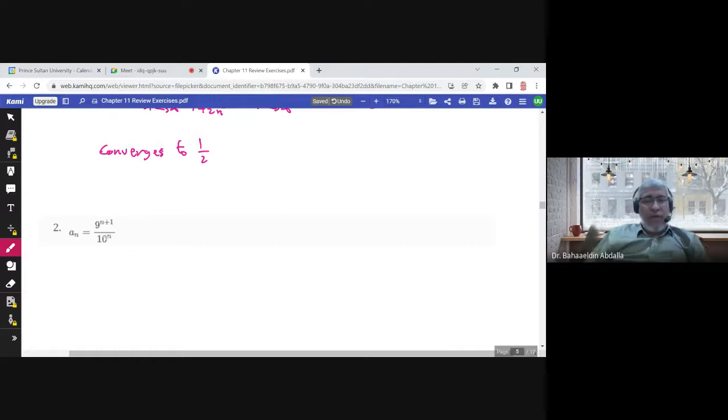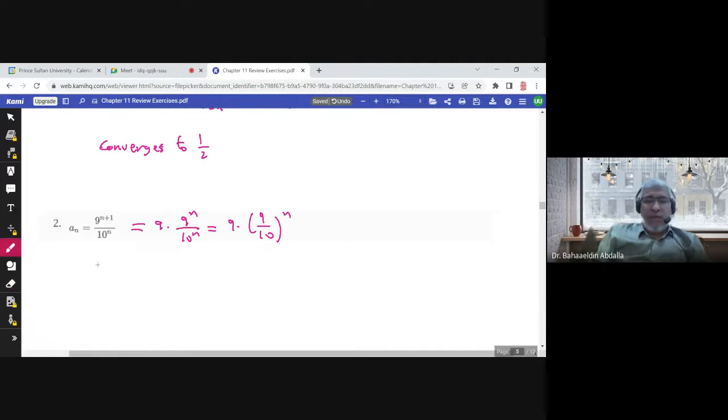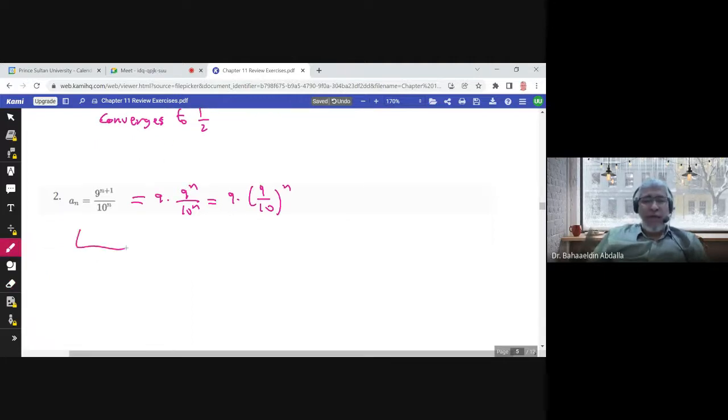This is another sequence. I will write it: 9 times 9 to the power n over 10 to the power n. So it's 9 times 9 over 10 all to the power n. Of course, this is an. There is no summation. This is an. So the limit of an would be the limit of 9 times 9 over 10 to the power n when n goes to infinity.